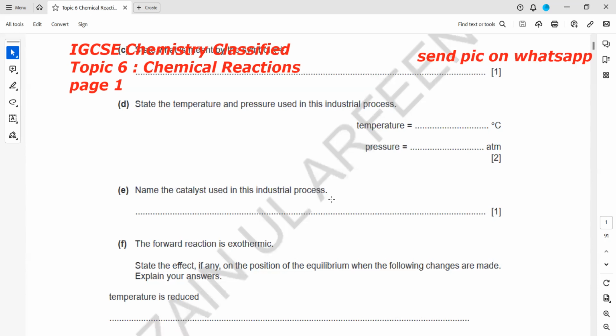Okay, Mubashir, you have sent. Just send the picture. No need to convert to PDF, and I'll discuss the question with you.